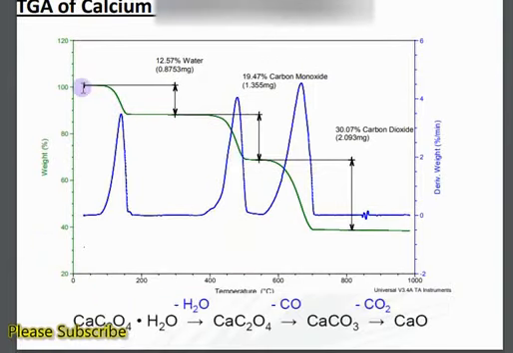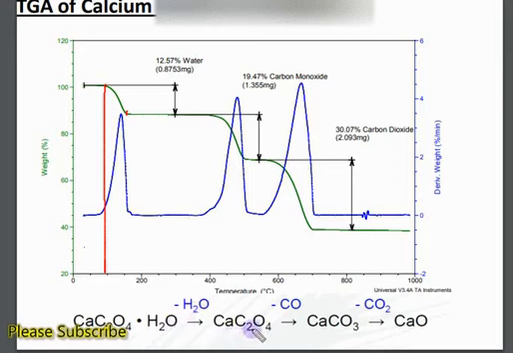Here we have calcium oxalate, hydrated calcium oxalate. As we increase the temperature, at about 100 degrees Celsius the water is evaporated, about 12.57% water, which has a mass of 0.8753 milligram, and the mass decreases to this point. After that, calcium oxalate is present, where the water is removed.